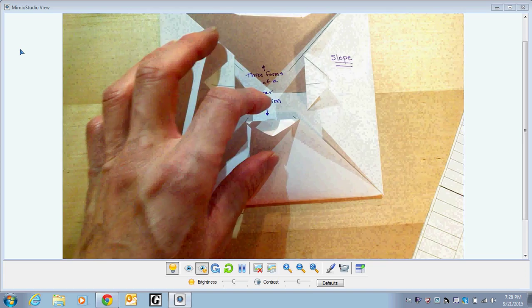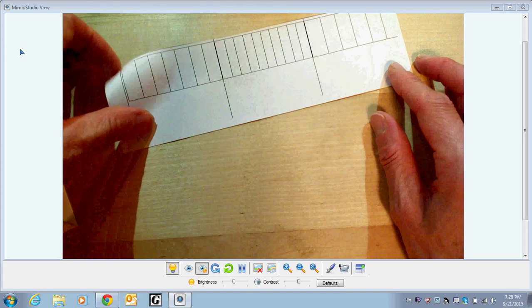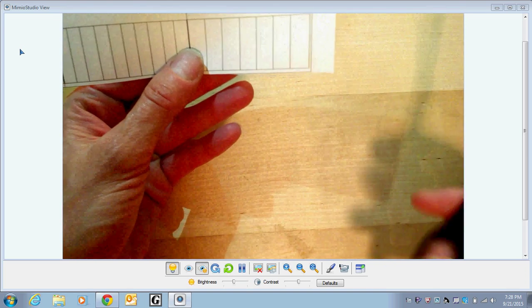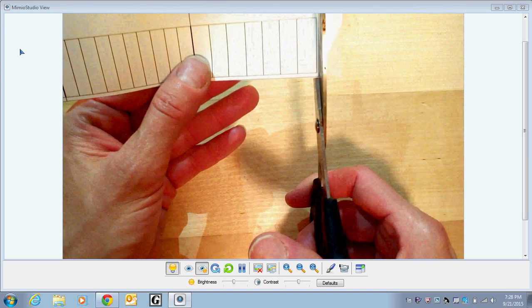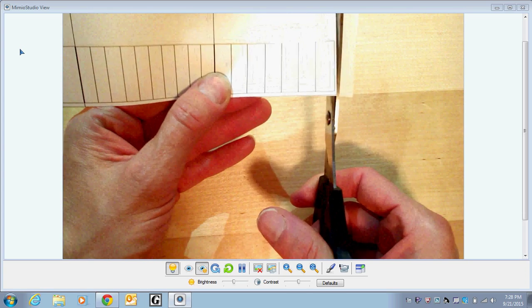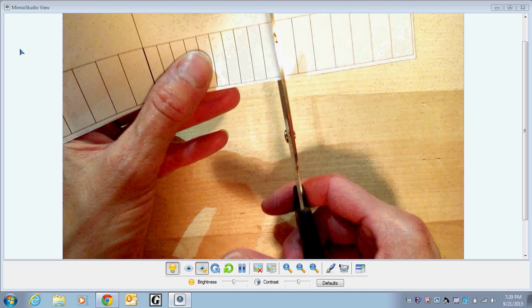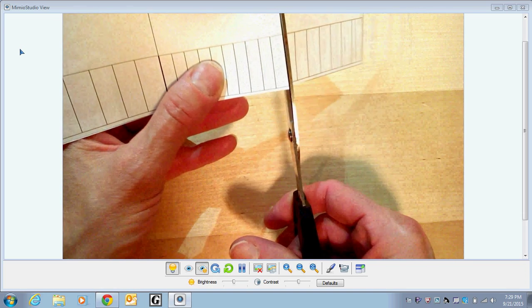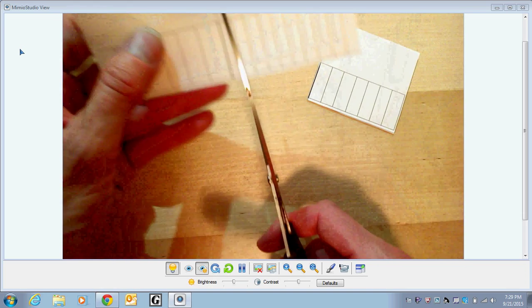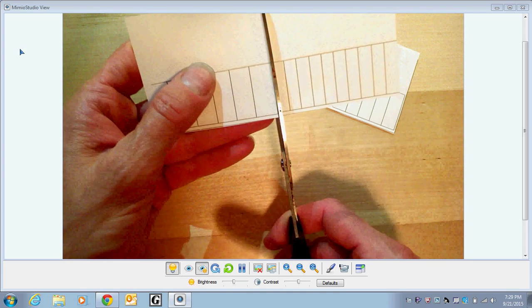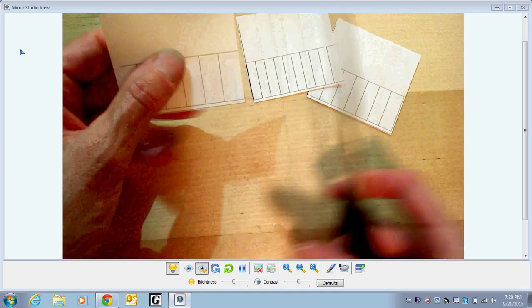So before we get any further, let's go ahead and look at this paper here. This paper here is actually 3 sections. So we're going to cut off this excess on the side. We can discard that. So I'm going to cut them up into the 3 parts.